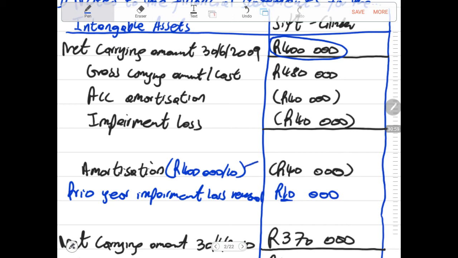So we calculated the current amortization based on the carrying amount of the previous year, meaning the beginning of the current year, which is 400,000 rands. That means when we are calculating our carrying amount, we don't calculate it based on the old cost, but based on the carrying amount of the previous year, meaning the recoverable amount of the previous year, in this case the net carrying amount. That is what we do now.